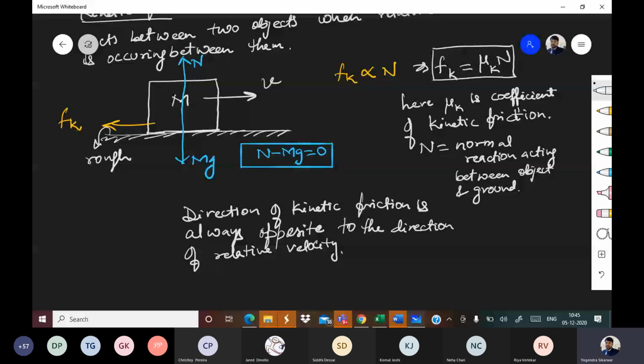Friction will always act parallel to the surface. It acts due to the normal reaction. If you make the normal reaction 0, then friction will become 0.